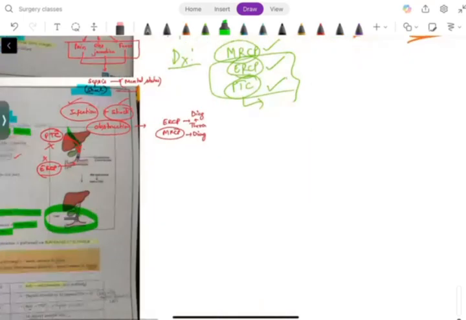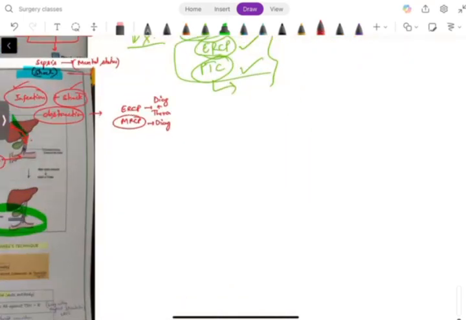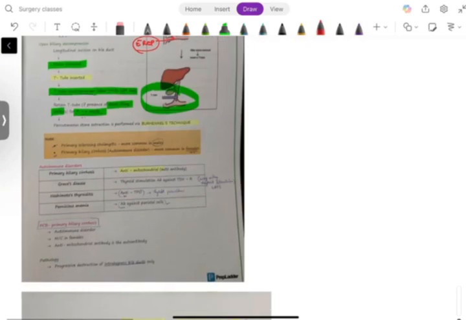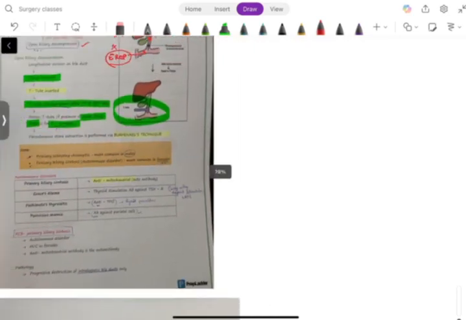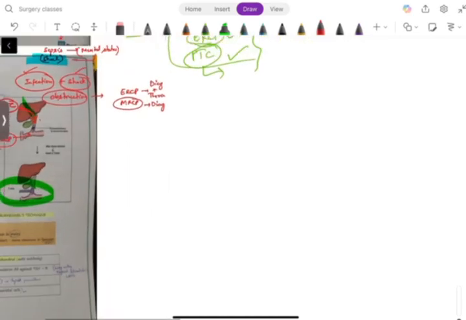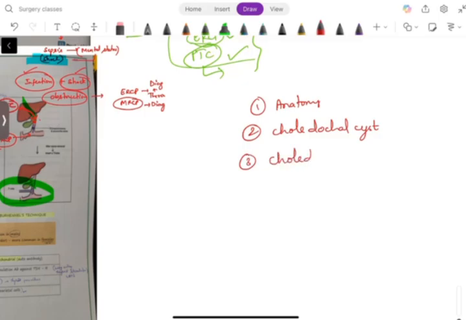So now till now we are done with bile duct part 1. Regarding autoimmune disorders, I have to say something about primary biliary cirrhosis, that I'll cover up. So till now we have discussed the anatomy of the bile duct, and then after that we discussed choledochal cyst, then choledocholithiasis, and just now we discussed cholangitis.